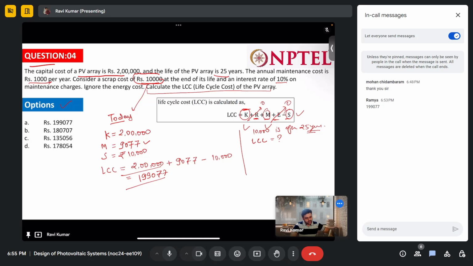Simple formula. Present worth equals future worth times 1 plus f divided by 1 plus i to the power n. In place of 10,000, you will put this P note, and how much P note are you getting? F is 0.